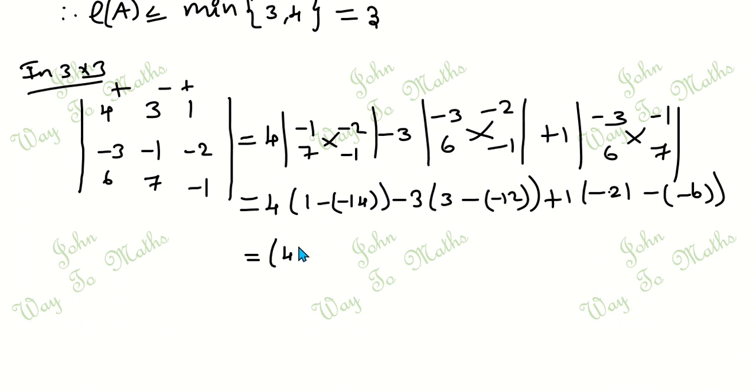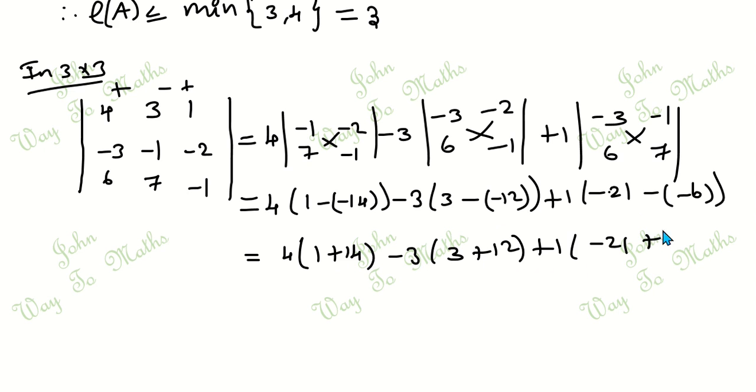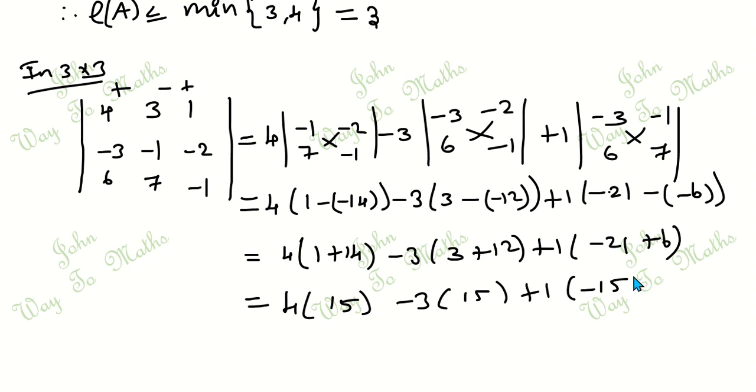Which is equal to 4 times 1 plus 14, minus 3 times 3 minus minus plus 12, then plus 1 times minus 21 minus minus plus 6, which is equal to 4 times 15, minus 3 times 15, plus 1 times minus 21 plus 6 becomes minus 15.